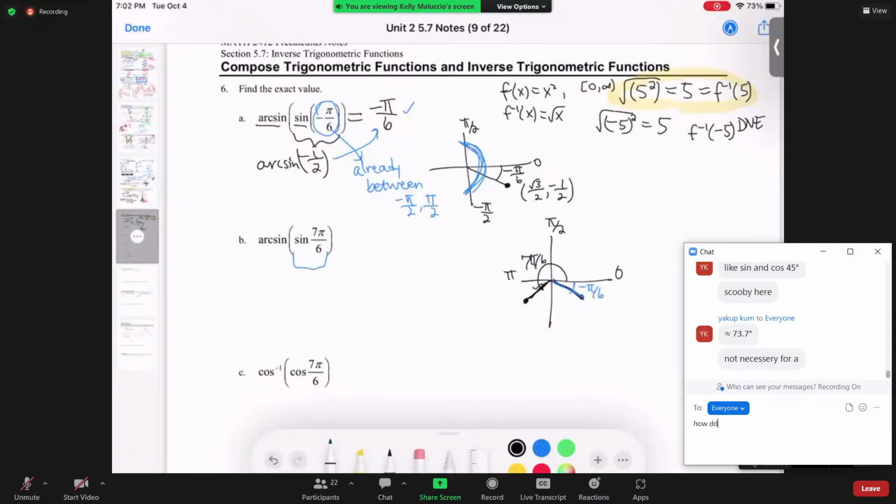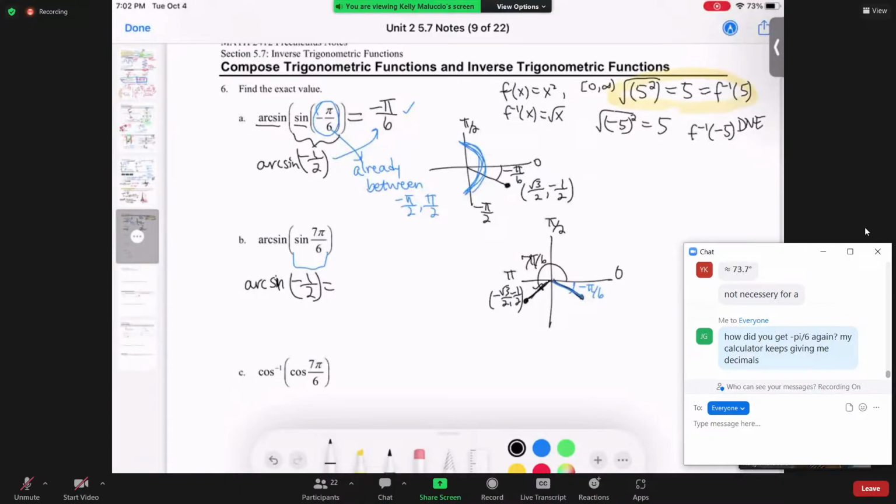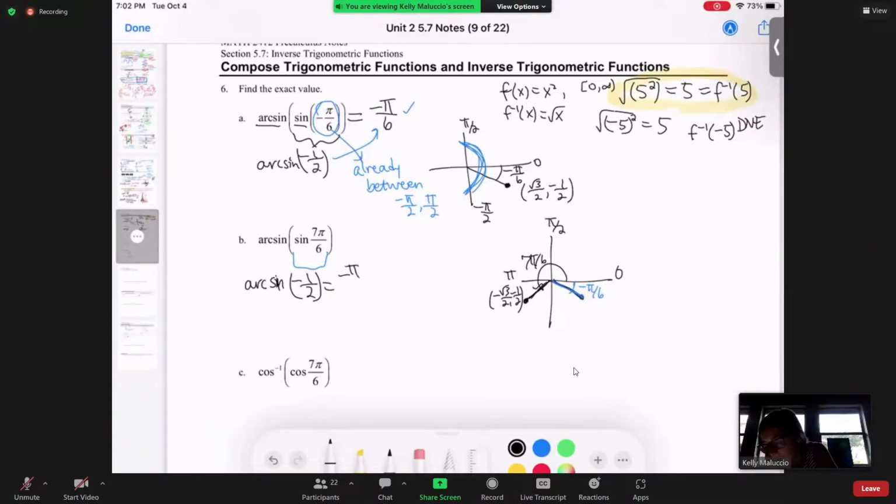But this is negative root 3 over 2, negative 1/2. And so sine of 7 pi over 6 is still negative 1/2. And then I'm still taking arc sine of it. But my answer, because I am in that domain, is just negative pi over 6.